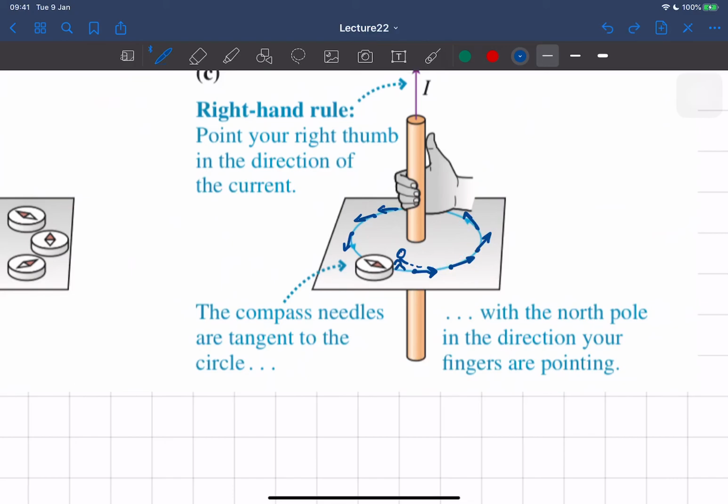At every step that you take, you measure the magnetic field that you are feeling, and you just take that magnetic field, multiply by the direction that you're walking. In this case, the direction that you're walking and the direction of the magnetic field is always the same direction, right?